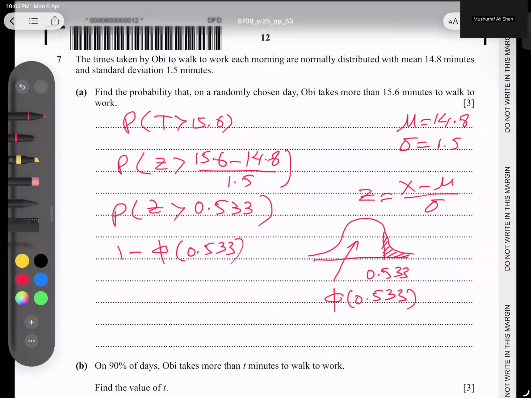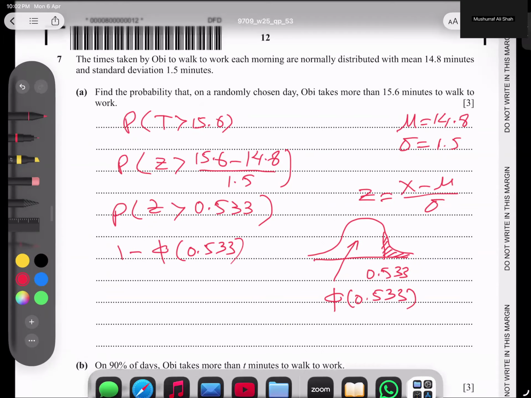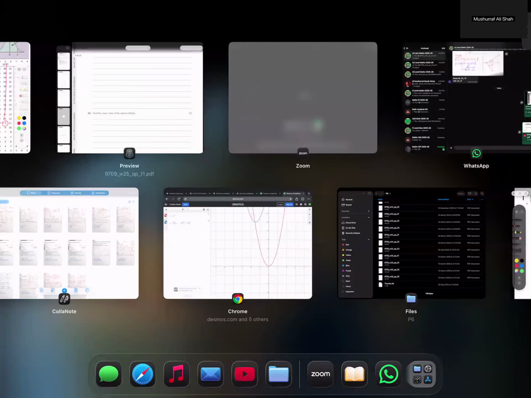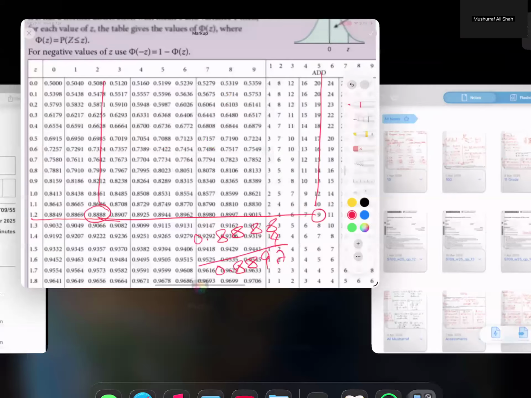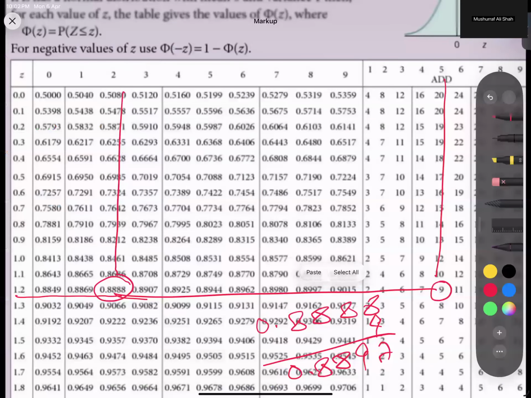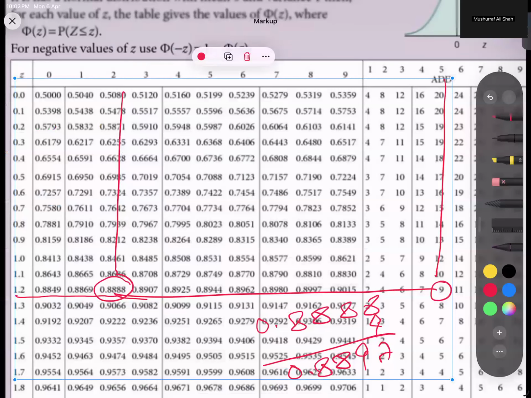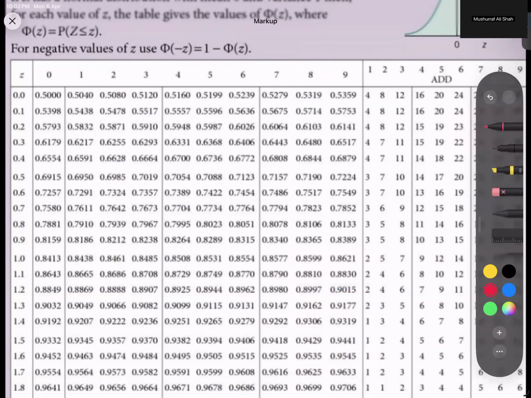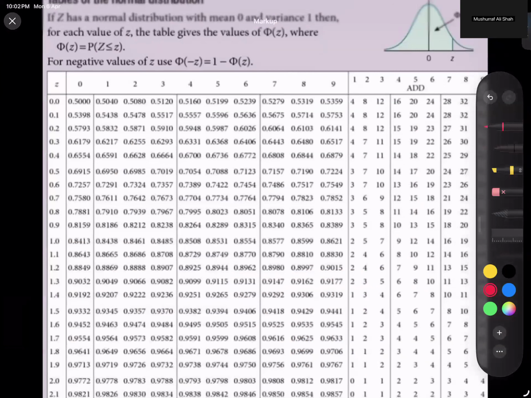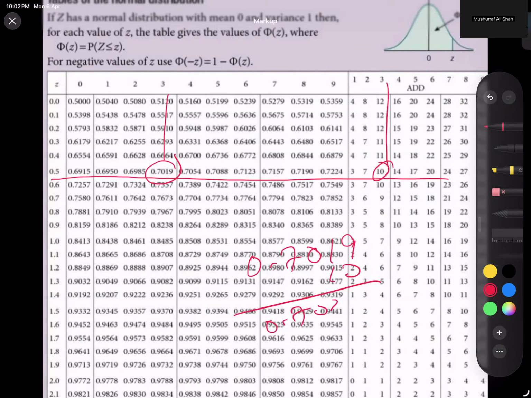Okay, students, now I can go to the table. What number am I looking for? 0.533. This line, and 3 is this. So if I add, 0.7029.